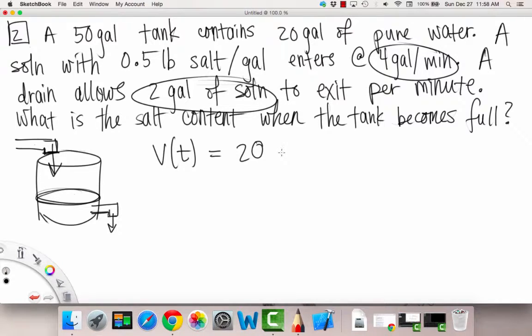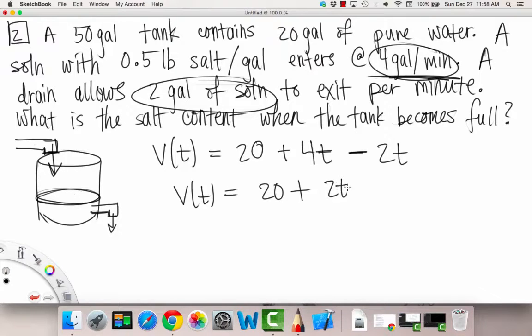And then we add in 4t, because per minute we're adding 4 gallons in, as given by the entrance rate of solution, and we also have 2 gallons exiting per minute. So this simplifies to V of t is equal to 20 plus 2t. This plus 2t just represents the net change in volume per minute. So this is our volume here.